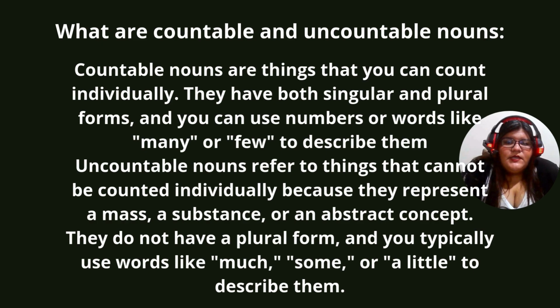Uncountable nouns refer to things that cannot be counted individually because they represent a mass, a substance, or an abstract concept, right? They do not have a plural form, and you typically use words like much, some, or little, and so on.